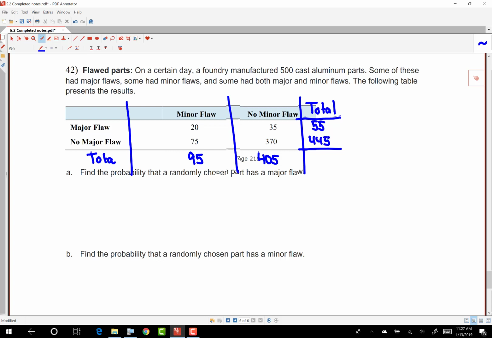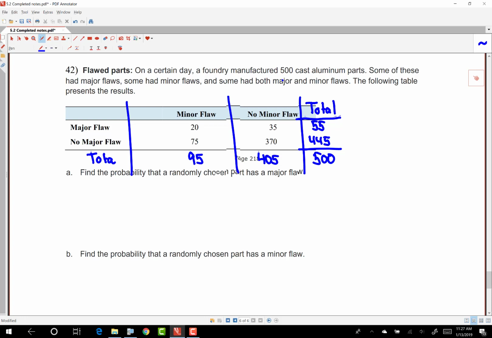And it should always be the case that the grand total ends up in this little box right here. So if I take 55 plus 445, I get 500. And also if I take 95 plus 405, I get 500. Notice they said that they manufactured 500 total. Okay, so this table we can use to calculate some probabilities.